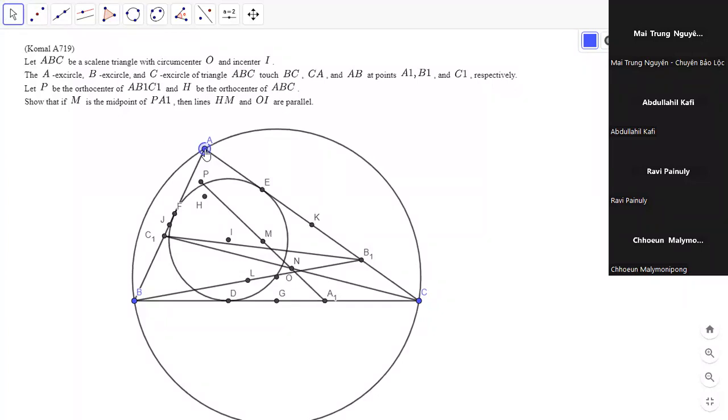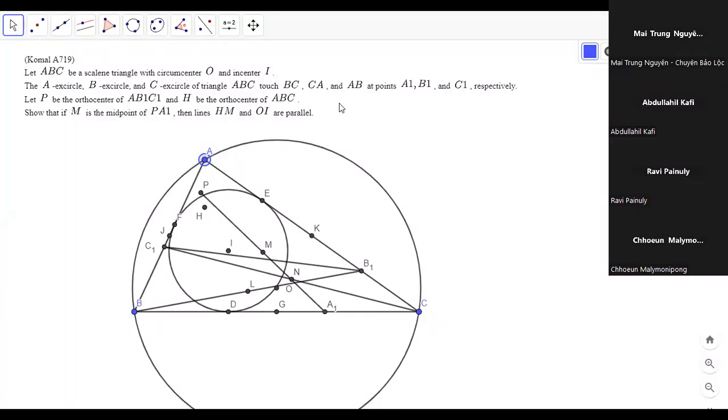I wonder if that's an angle chase. Well, no, it wouldn't be that easy. A1, B1, C1 meet at the Nagel point. That one I know. You mean A1, B1, C1 meet at it.